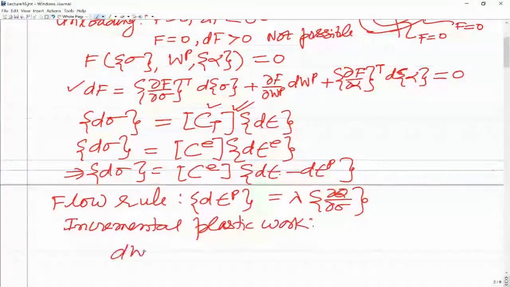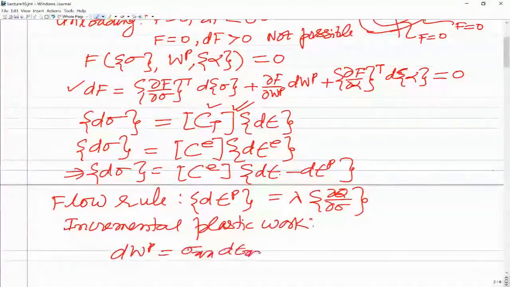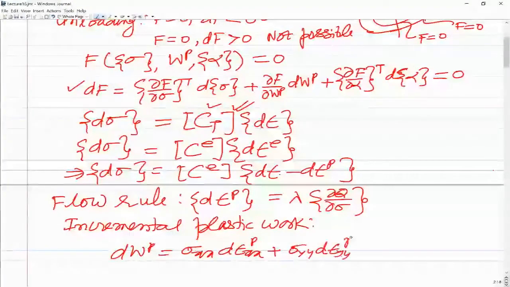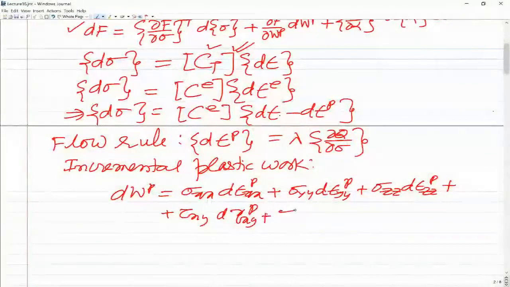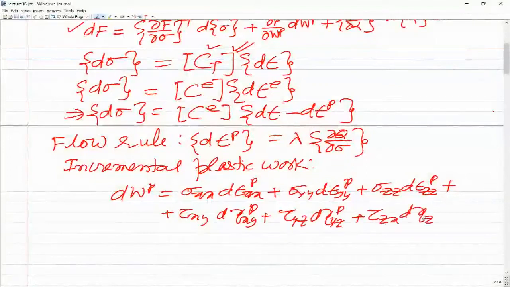So dwp, the differential change in the plastic work, can be written as sigma xx into d epsilon xx p plus sigma yy into d epsilon yy p plus sigma zz into d epsilon zz p, plus the corresponding contributions from the shear stresses: tau xy into d gamma xy p plus tau yz into d gamma yz p plus tau zx into d gamma zx p.